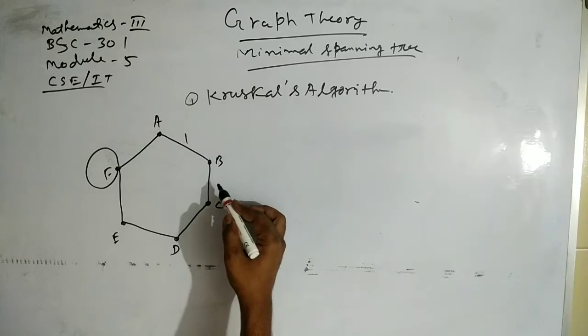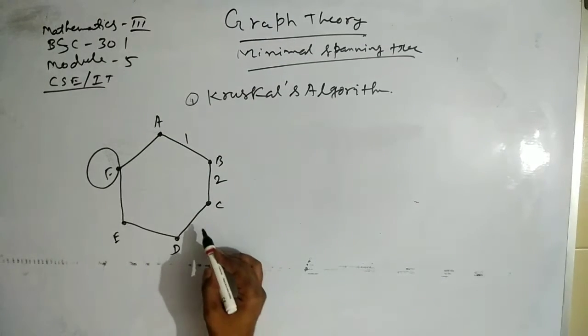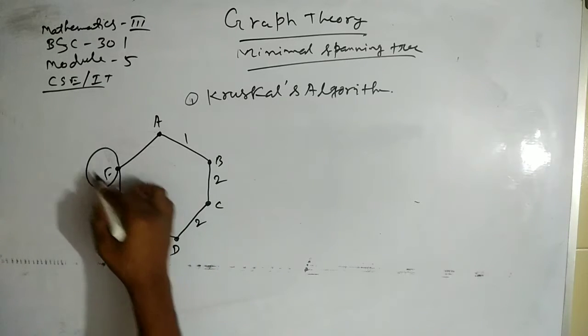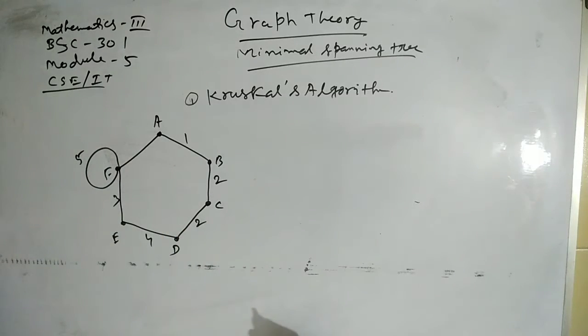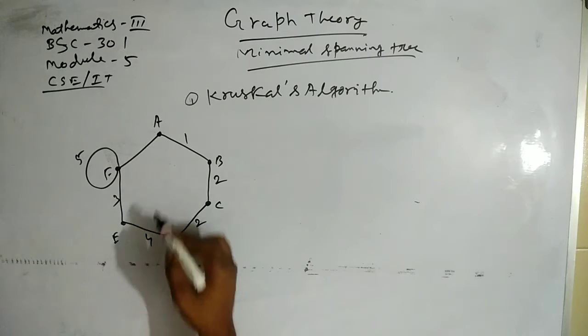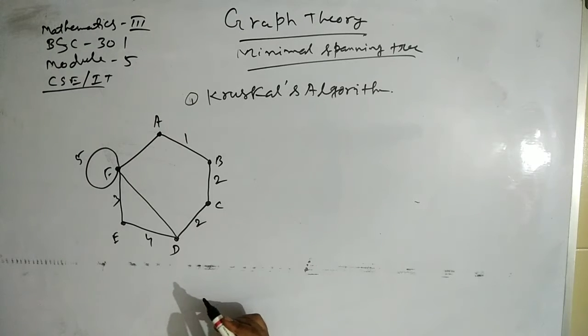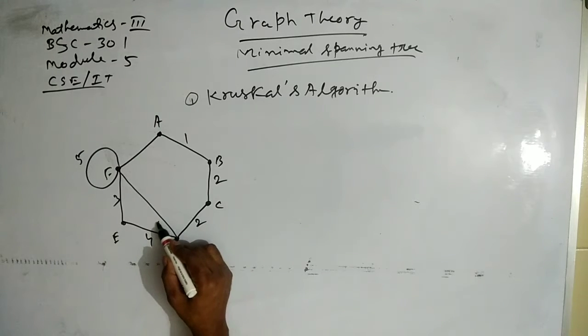The weights of the edges are 1, 2, 2, 4, 3, and the weight of this self loop is 5. Next, FD, the weight of this edge is 5.